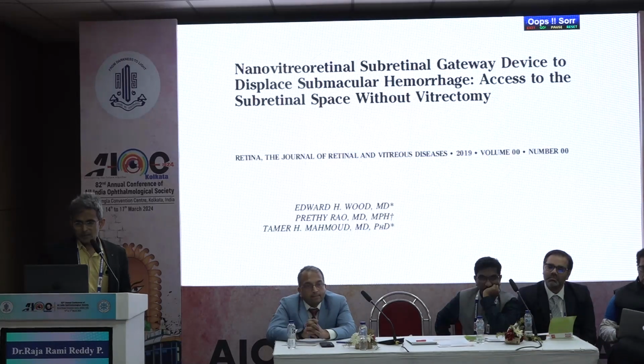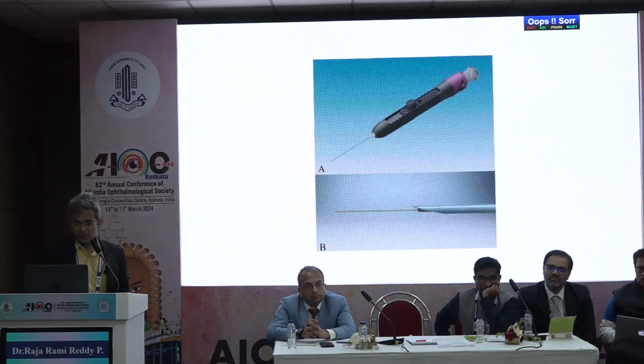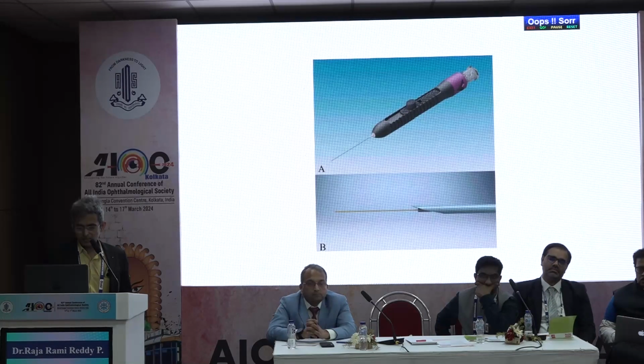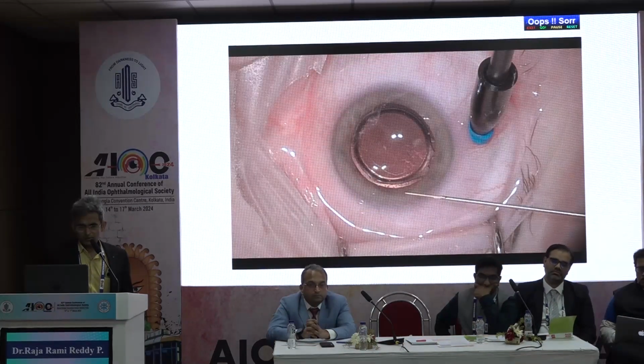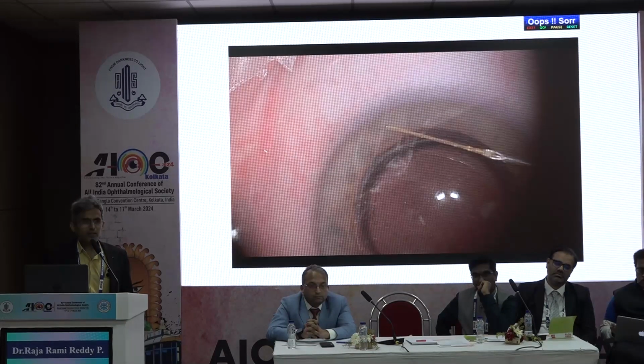The other change is the subretinal gateway device, which is nothing but a handle with an extendable needle, a 30 gauge needle attached, and the 40 gauge cannula tip is extendable from the handle, and this is a non-vitrectomizing way of injecting subretinal TPA.